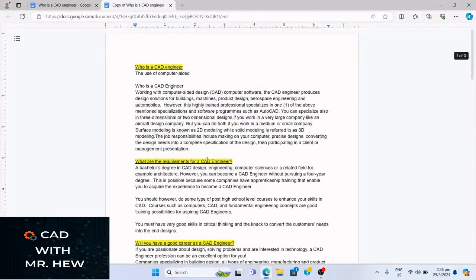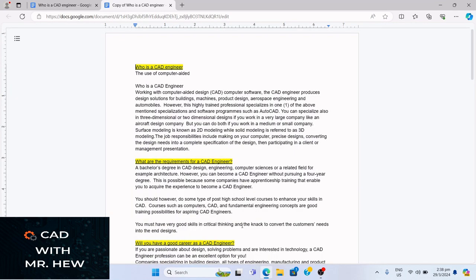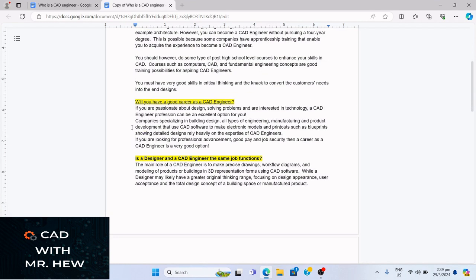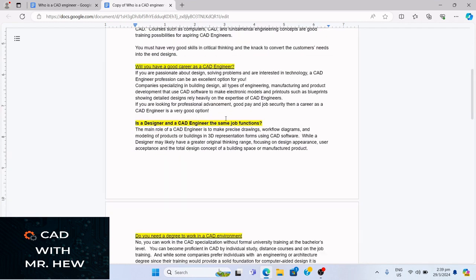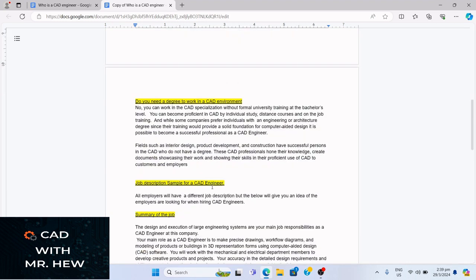If you are making a PowerPoint, you put the main headings of the different categories. So on the PowerPoint, you would have the main points that you're going to speak about, such as who is a CAD engineer, what are the requirements for a CAD engineer, will you have a good career as a CAD engineer, is a designer and a CAD engineer the same job functions, do you need a degree to work in a CAD environment?